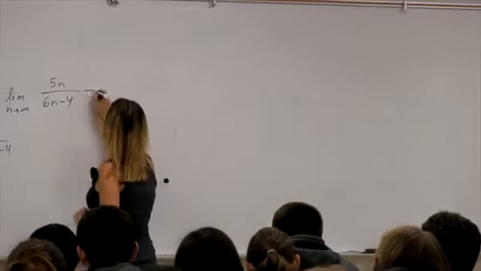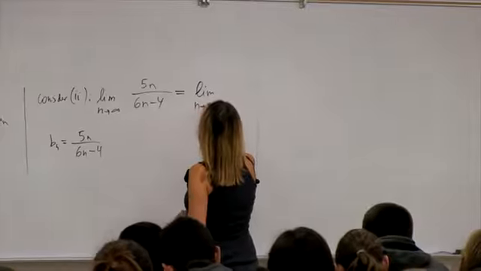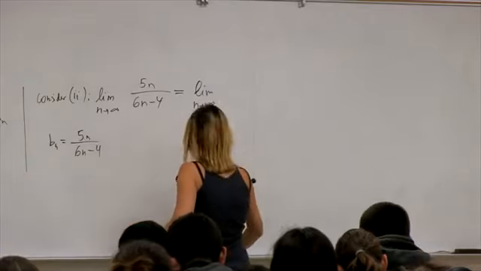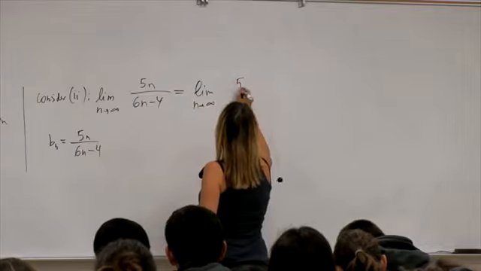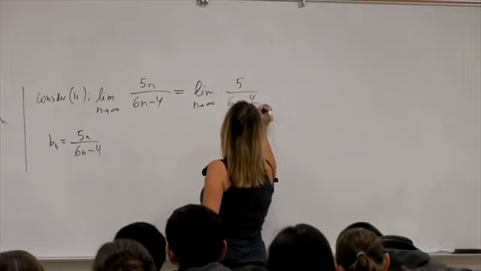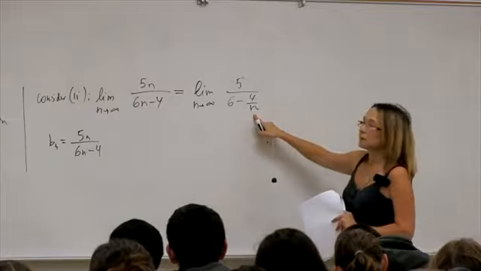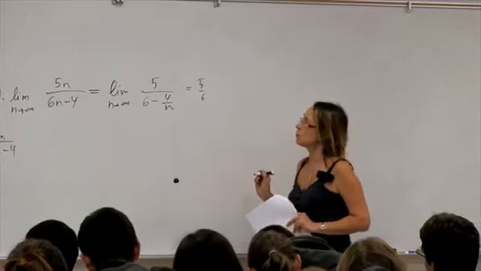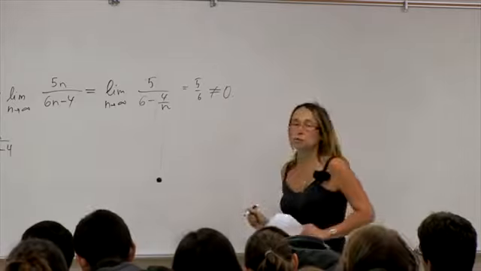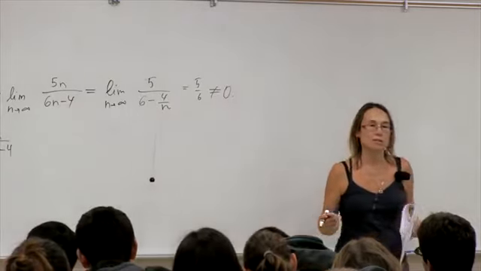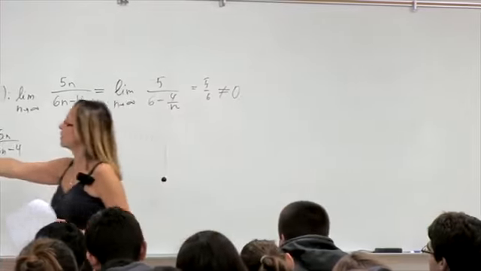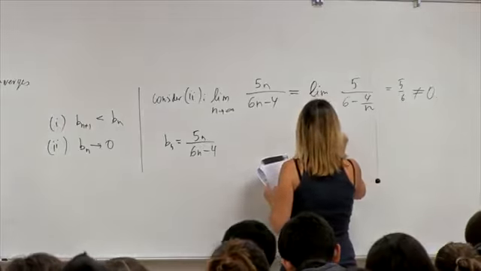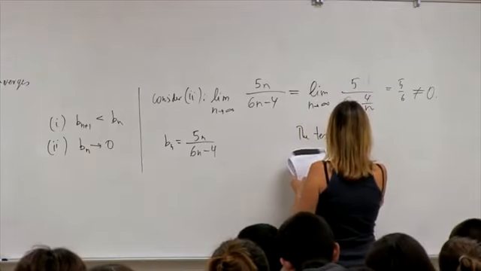And this is very easy. We can divide by n. We always divide by the highest power. We can see that this term goes to 0, and the limiting number is 5 over 6. And that's not equal to 0. So we can see that the test does not work.